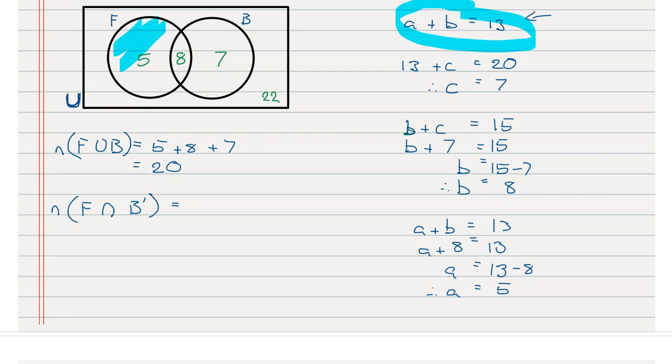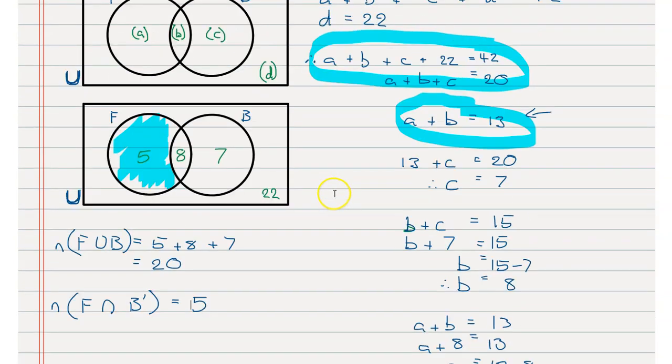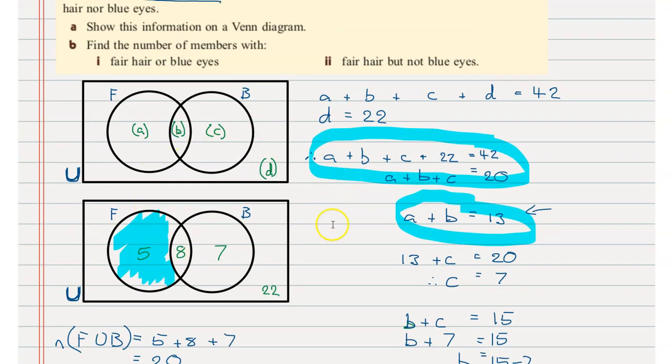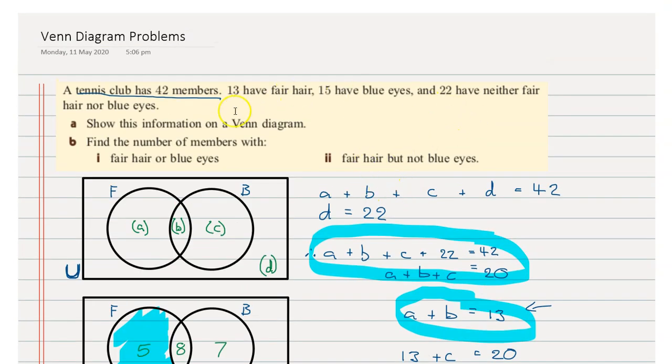Fair hair would be this part here but not blue eyes, so it's exclusive of the 8 and the 7, so that would be simply 5. So there are 20 members who have fair hair or blue eyes, and there are simply 5 members who have fair hair but not blue eyes. So this was an example of how we can use Venn diagrams to solve numerical problems.